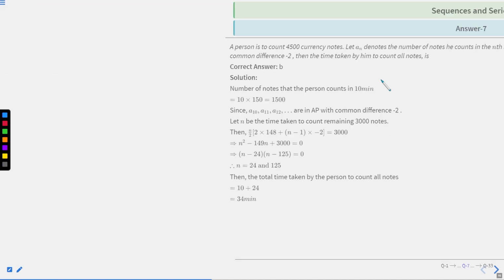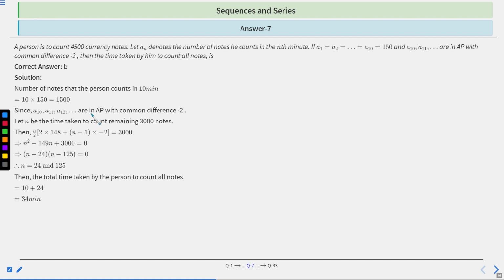Okay, let's move to the solution. The number of notes that the person counts in 10 minutes is 150 into 10. Let A10, A11, A12 be in AP with common difference -2.